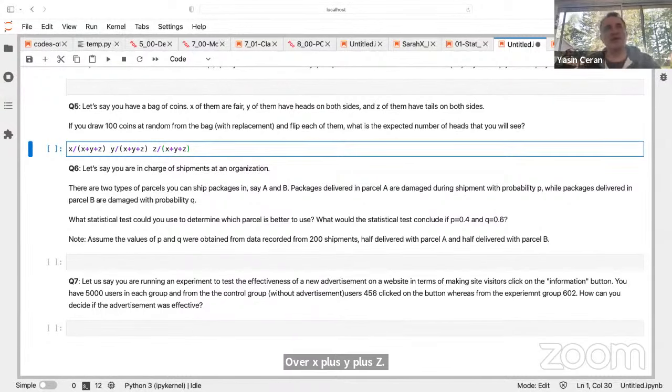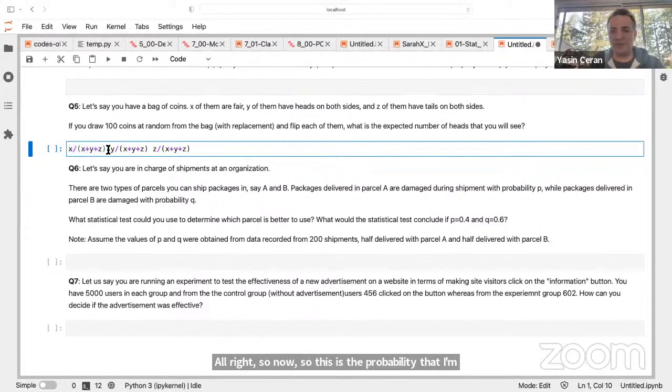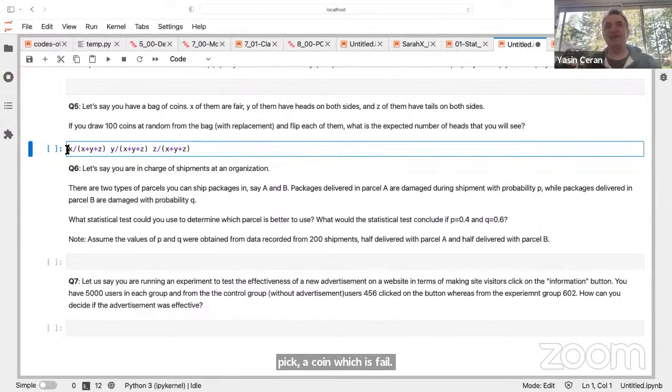All right. So this is the probability that I'm going to pick a coin which is fair. Now, given I pick a coin which is fair, what is the probability that I'm going to get heads when I flip it?